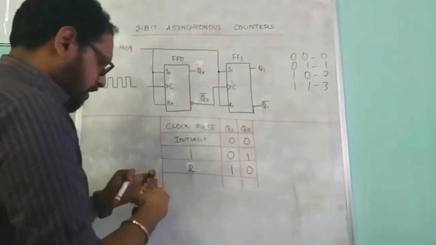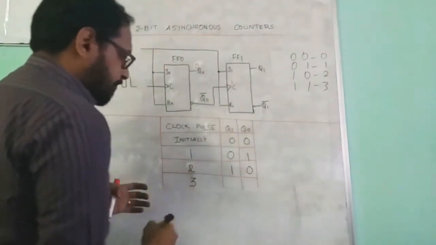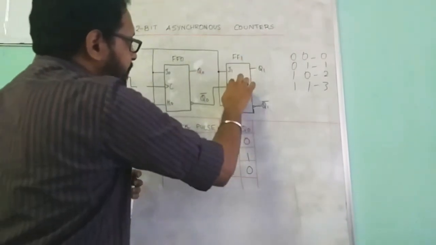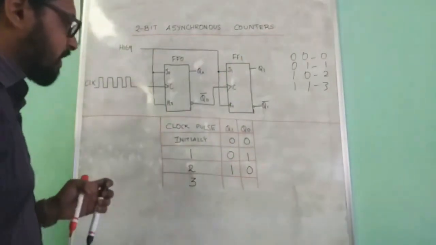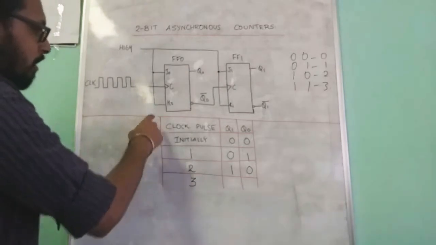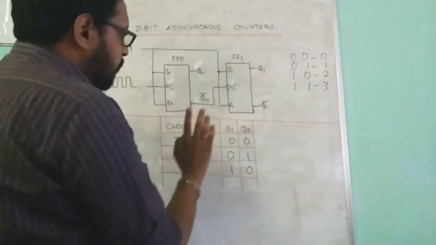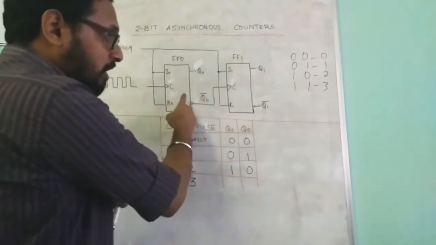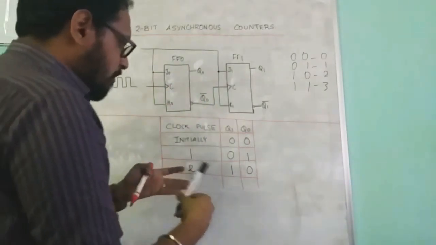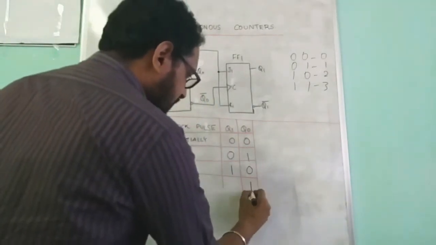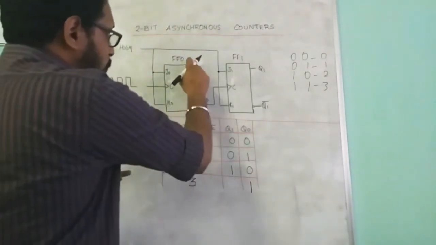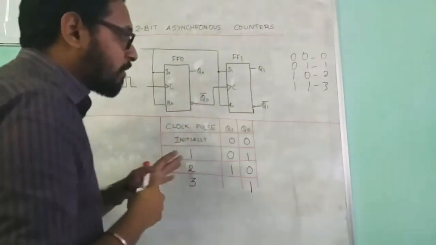Next one, clock pulse 3. Remove all these cases. During clock pulse 3, what happens? What is the current value of Q0? It was 0. Next clock pulse means positive edge to this particular case, so we change the value of 0 to 1.